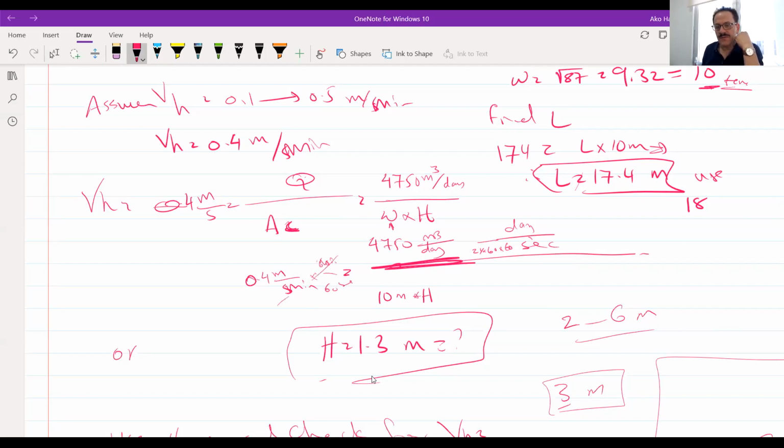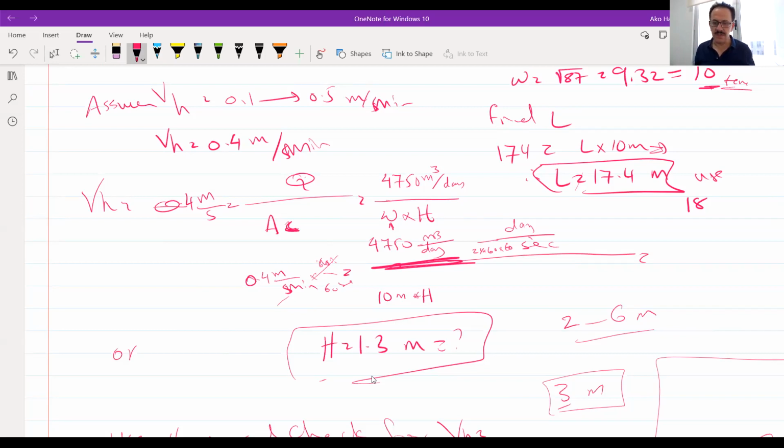So it means the value here should be 4,750 divided by 24 divided by 3,600 divided by 10 divided by 0.4 and times 60.